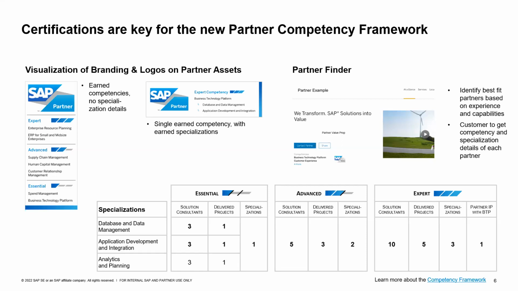For SAP BTP, partners can specialize in 3 different areas across the 3 levels of maturity in the framework, which comes with increased fulfillment requirements. As you can see from the chart, certified solution consultants is one of the key requirements for all maturity levels, and hence makes certification a vital component of any partner SAP practice. While purely optional, it is strongly encouraged to complete your certification following the academy through the steps outlined on the next slide.